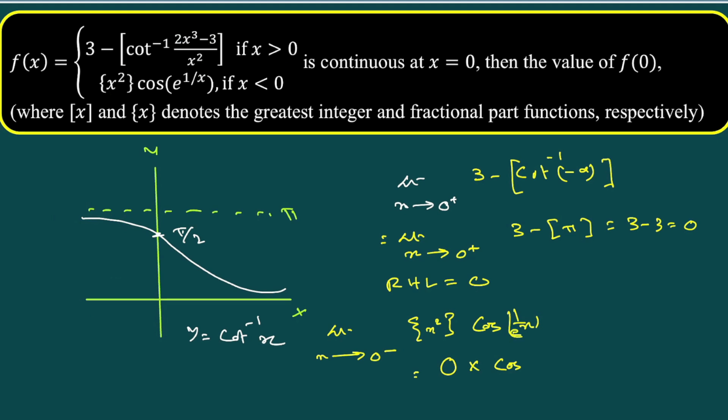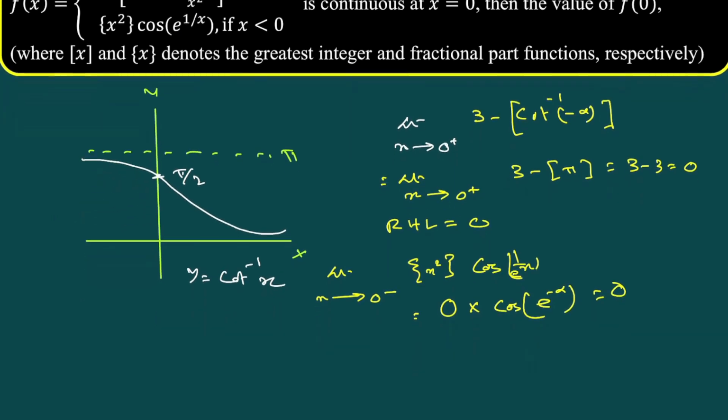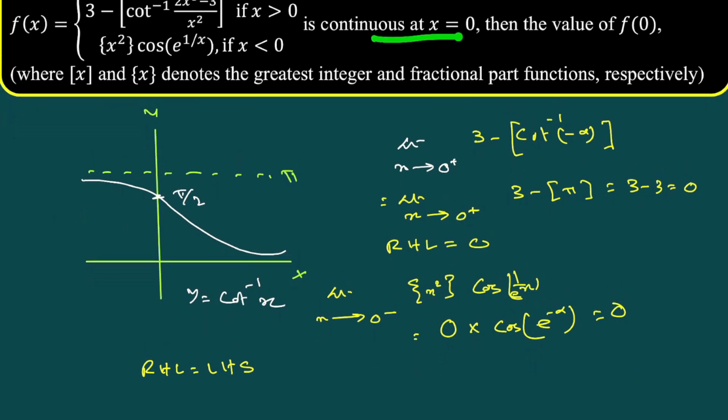So this is 0 times cos of e to the power minus infinity, and this comes to 0. Now the right hand limit equals the left hand limit. It is given that f is continuous at x equal to 0, therefore f of 0 equals 0, since the right hand limit equals the left hand limit.